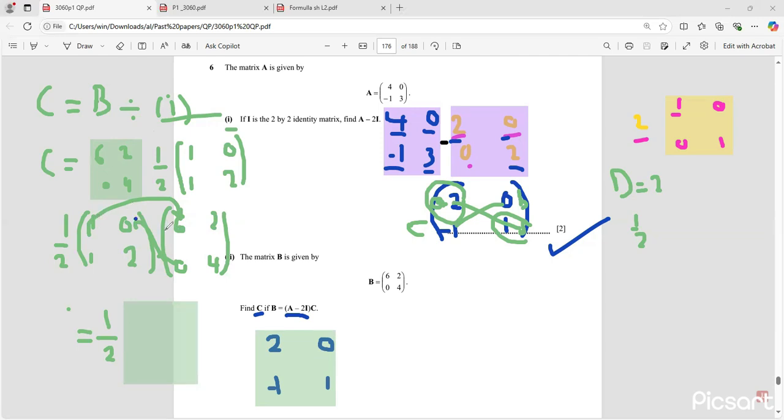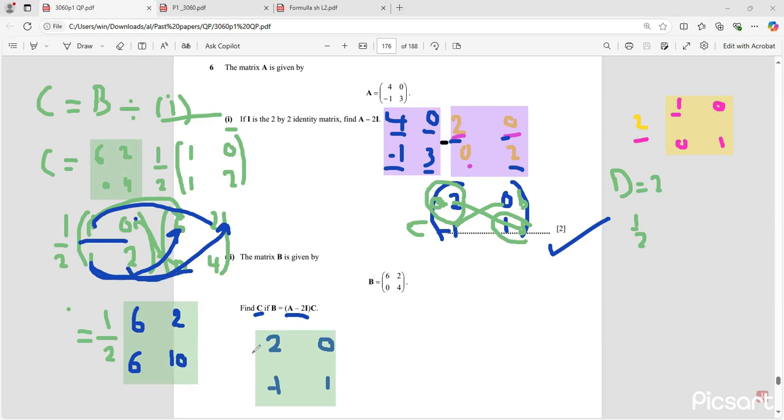The next one is 1 times 2, which is 2, plus 0, which is the same 2. And here, 1 multiplied by 6 is 6 minus 0, so it will also be 6. And here, 1 multiplied by 2 is 2, plus 2 times 4, which is 8, equal to 10.